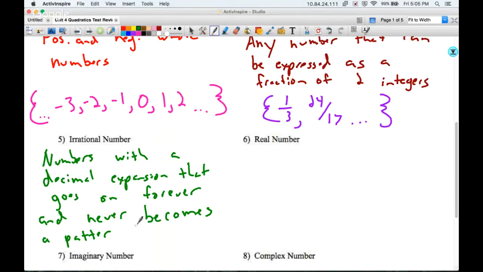Because technically 1/3 has a decimal expansion that goes on forever, but it's just the pattern 0.33333. But something like pi, its decimals go on forever and they never become a pattern. They just kind of stay somewhat random. Euler's number is another example.